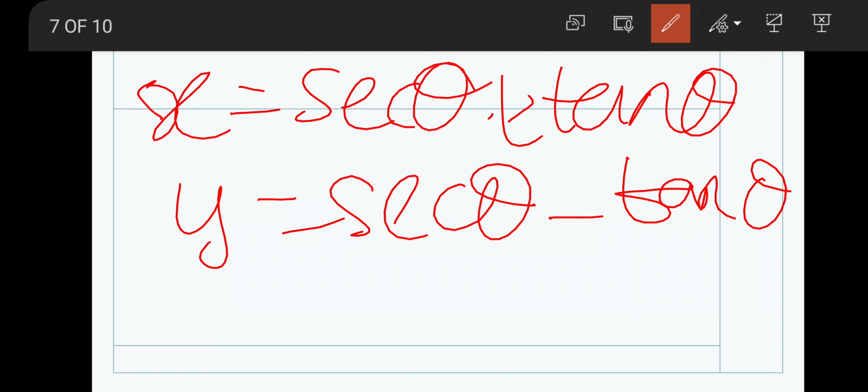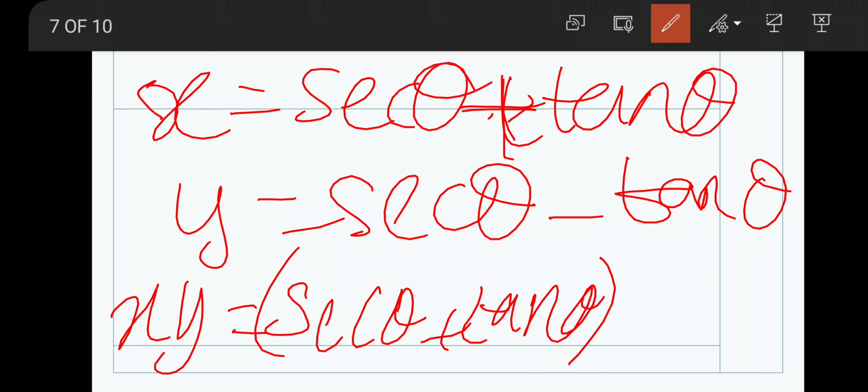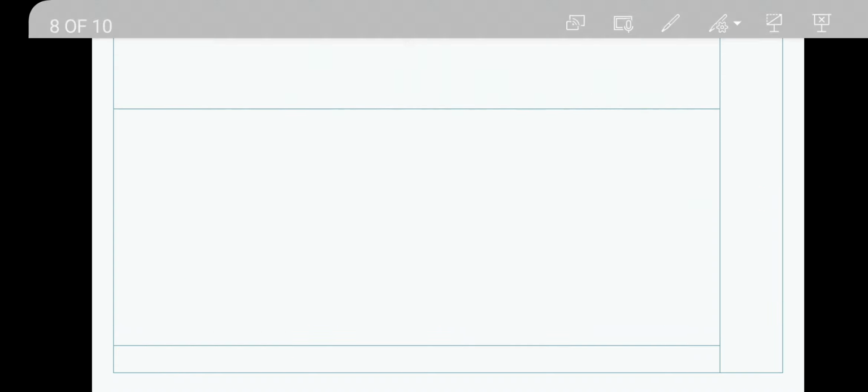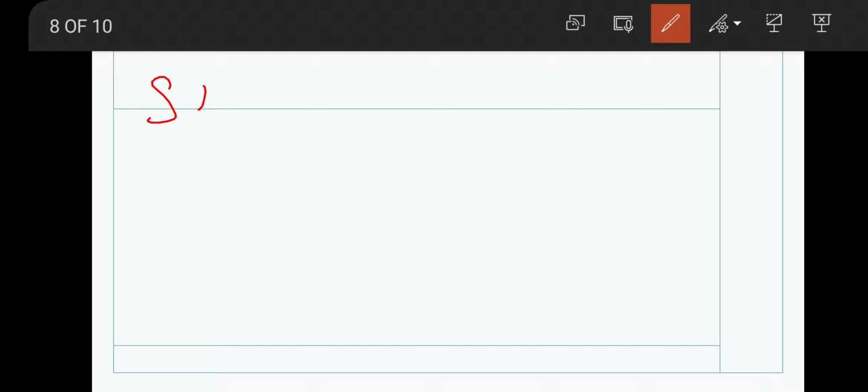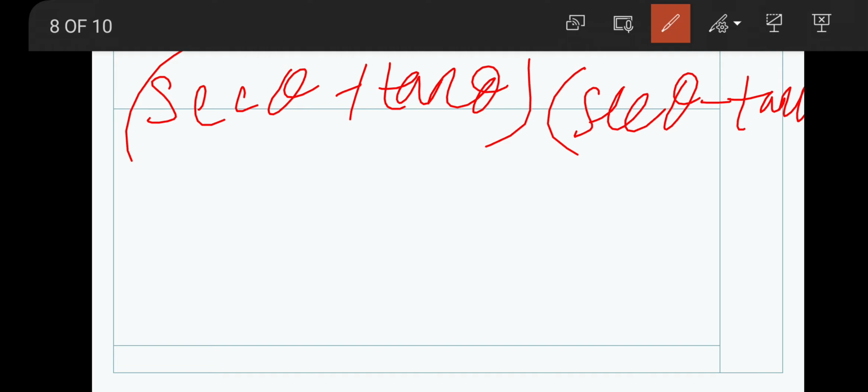There is some relation, secant is the same and tan is the same, but the fundamental operations differ. So can we write x into y equals secant theta plus tan theta into secant theta minus tan theta?